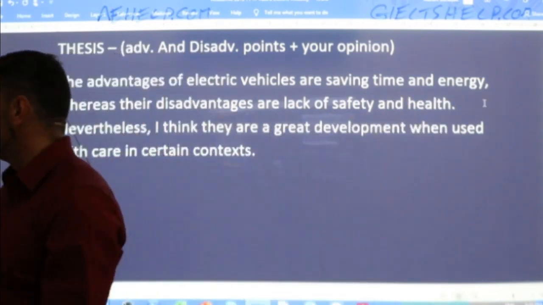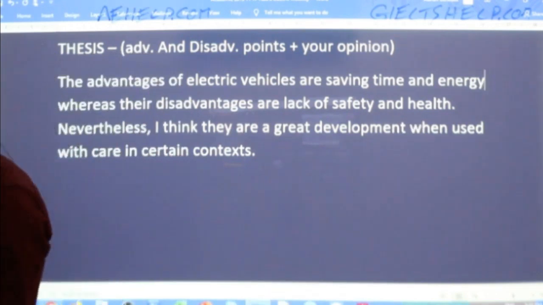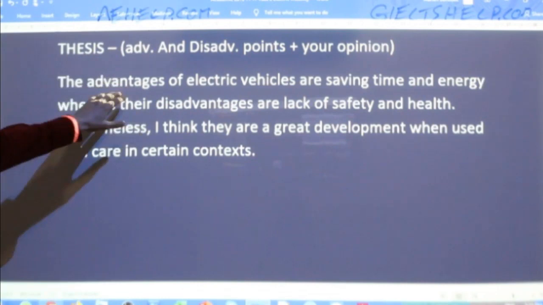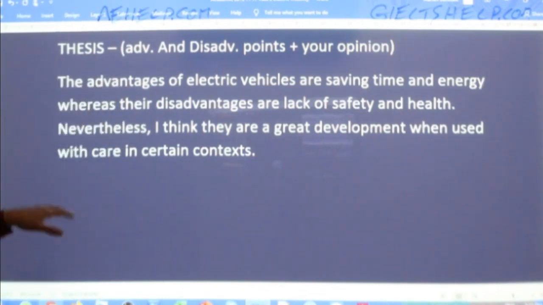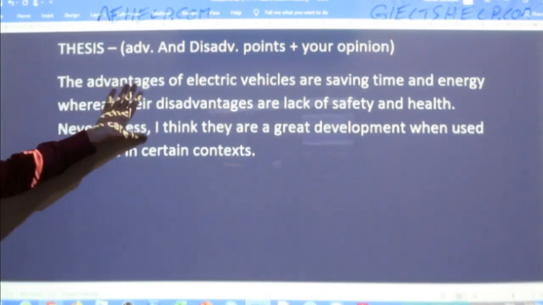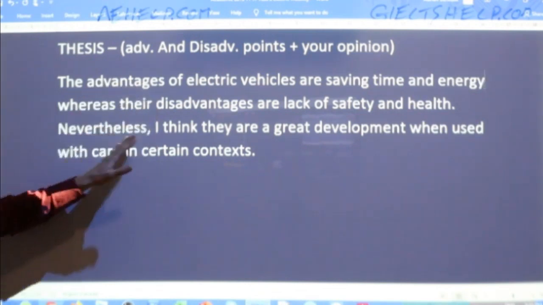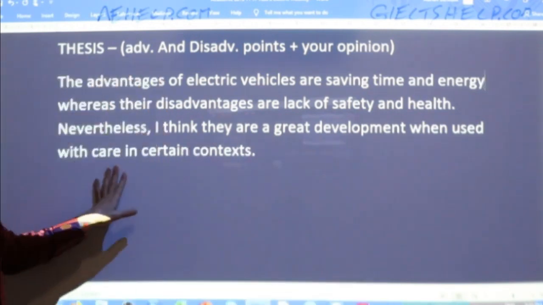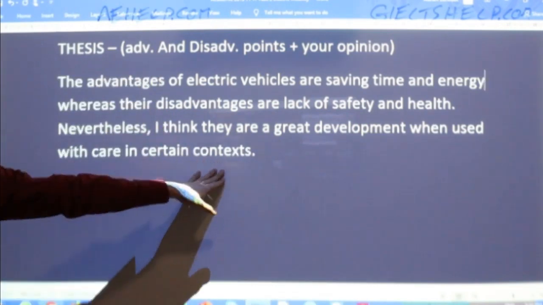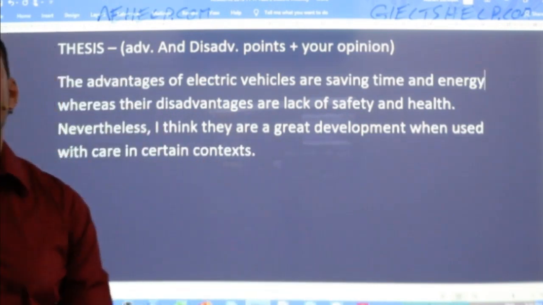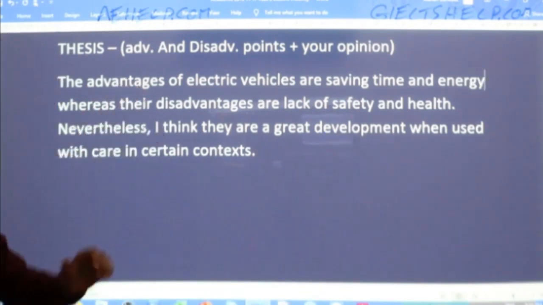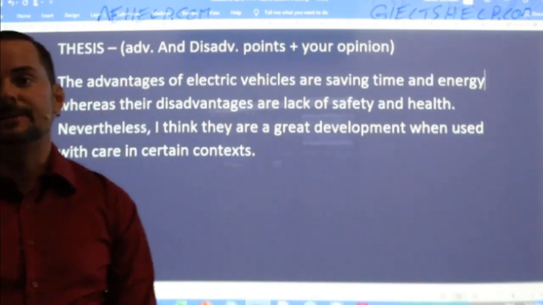And in fact, I do not need this comma here because the dependent clause comes after the independent clause. And here I just chose to do it in 2 sentences. Nevertheless, I think they are a great development when used with care in certain contexts. Okay? So that will get you a nice high band score. All right? Okay.